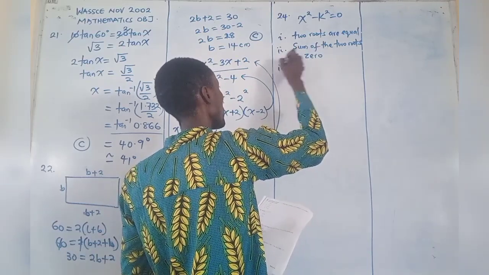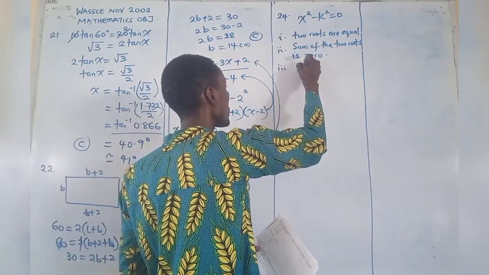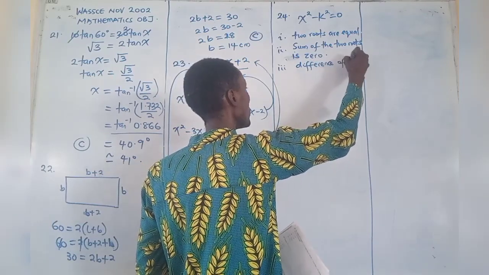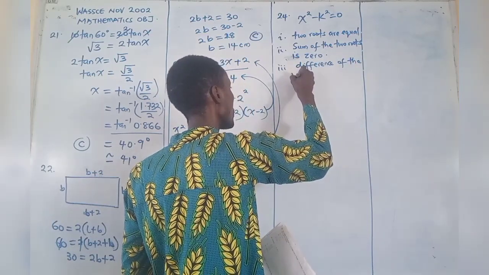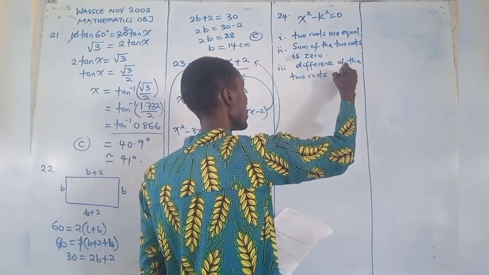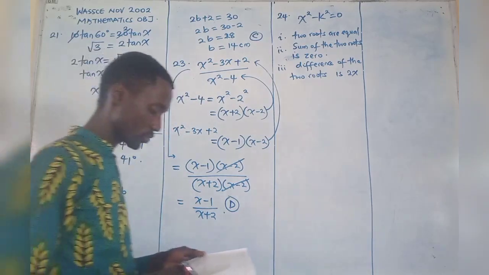Now, Roman figure 3 says that the difference of the two roots is 2x. The difference of the two roots is what?